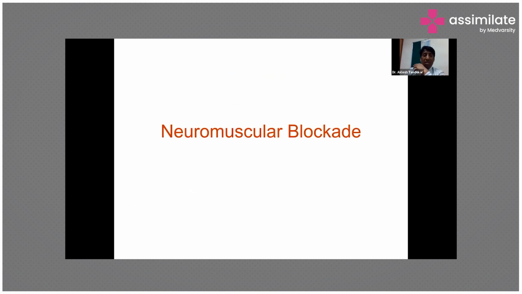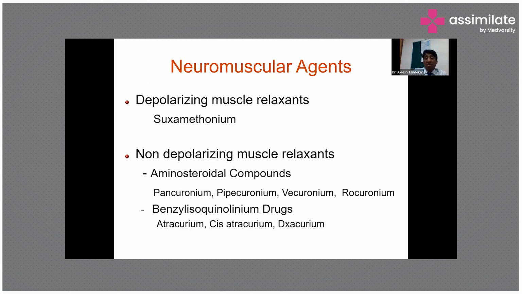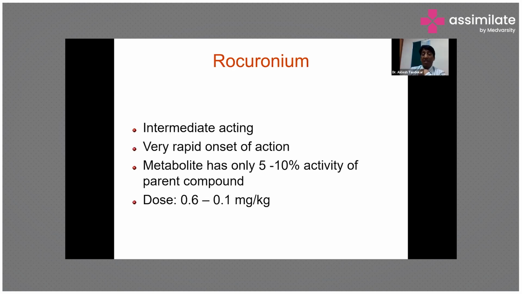And then to touch upon neuromuscular block, basically it is used to facilitate intubation and in patients on mechanical ventilator, and for control of ICP, to prevent muscle spasm and reduce oxygen consumption. So depolarizing and non-depolarizing muscle relaxants are there. Vecuronium is a commonly used non-depolarizing agent, and it has prolonged action, but it is a steroid-based agent and it can cause neuromuscular weakness.